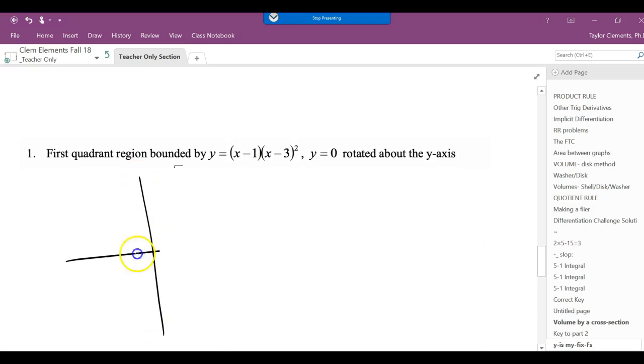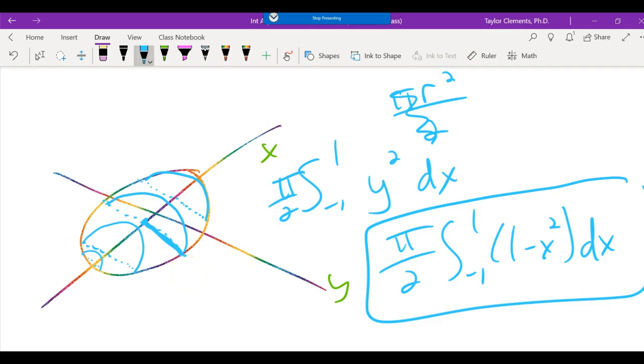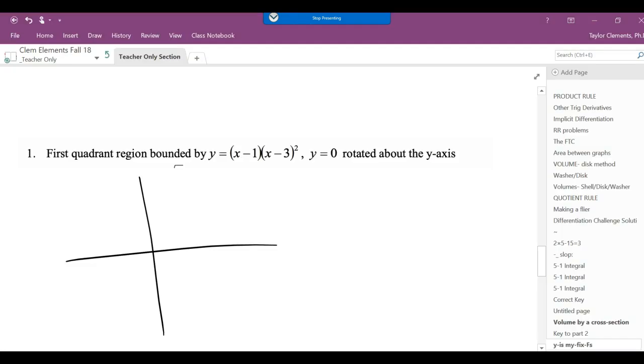Okay, now this one's a little tricky. If you were to graph this, let's see, x minus 1, x minus 3 squared. Yeah, it's a fine looking shape. Okay. So kind of like this.